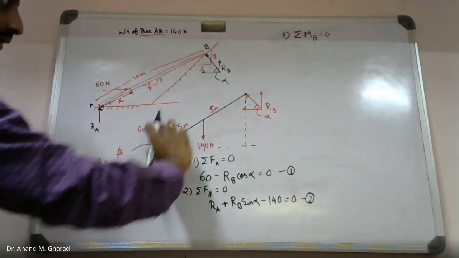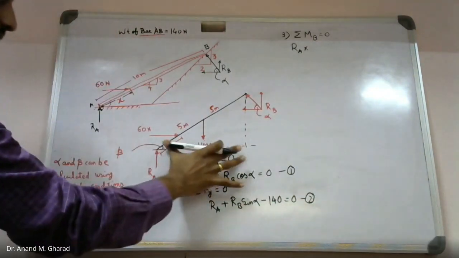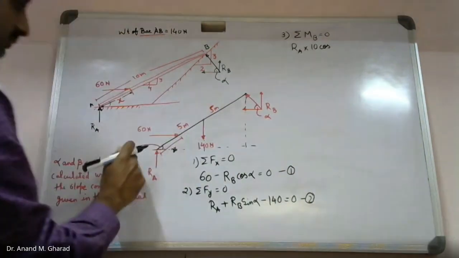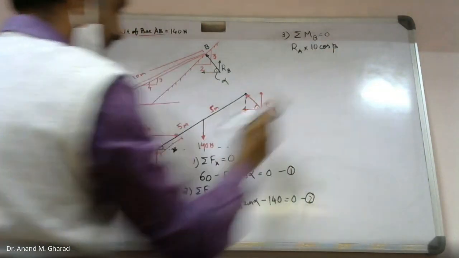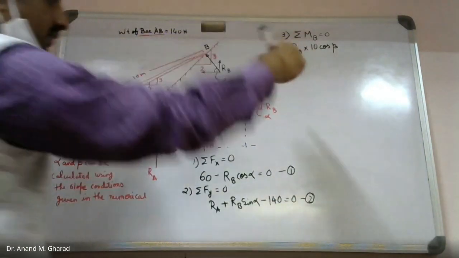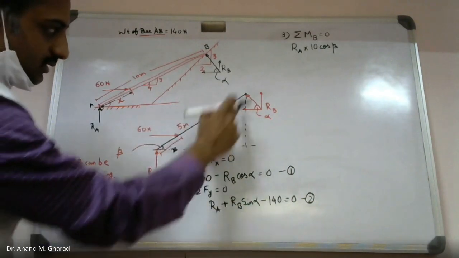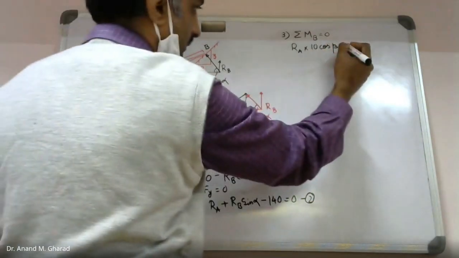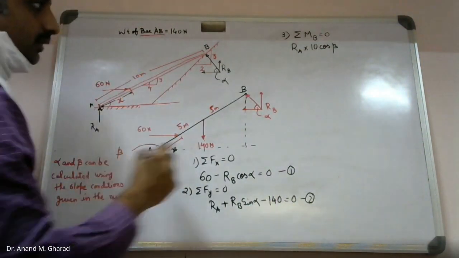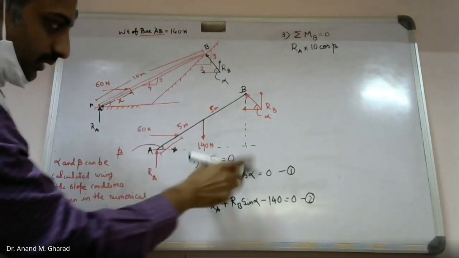So RA into the complete distance shall be 10 cos of beta, which is rotating in the clockwise direction. 140 Newton will cause a moment of anti-clockwise about point B. This is point B. This is point A. So what's happening? 140 into perpendicular distance.